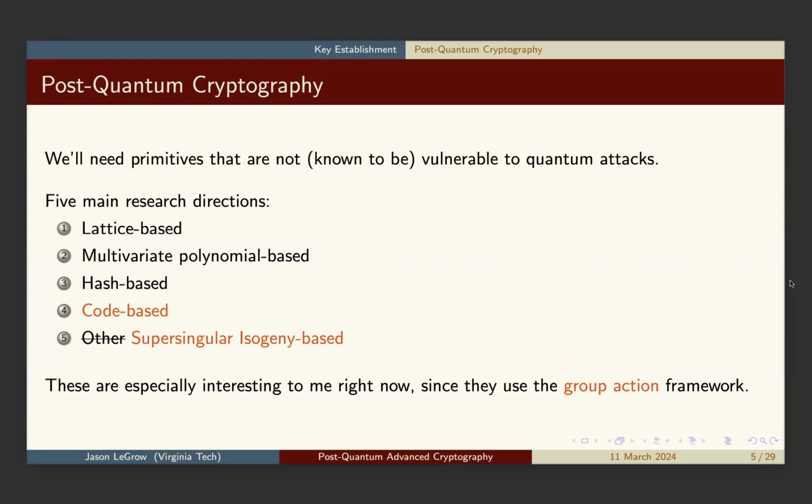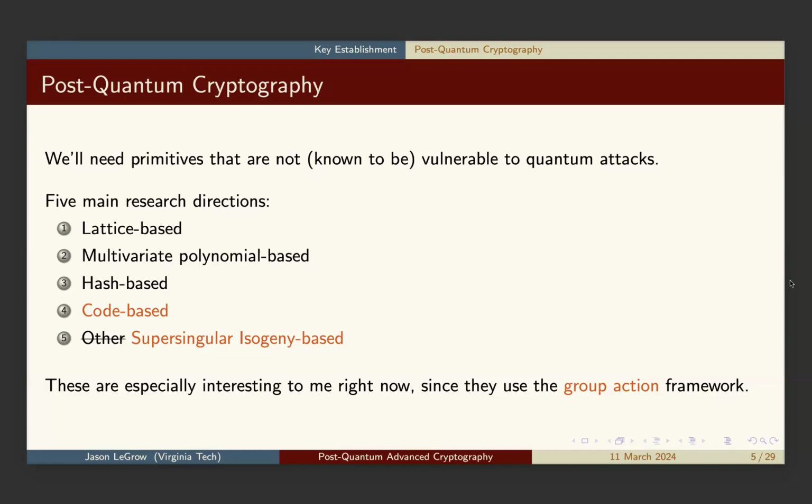Why is that? Well, I've been interested in isogeny-based cryptography since I started my graduate work. This is what I did in grad school almost exclusively. But I've become interested as well in code-based stuff because right now, these are the two areas that use the group action framework, which is a very versatile framework for analyzing and constructing cryptographic protocols.